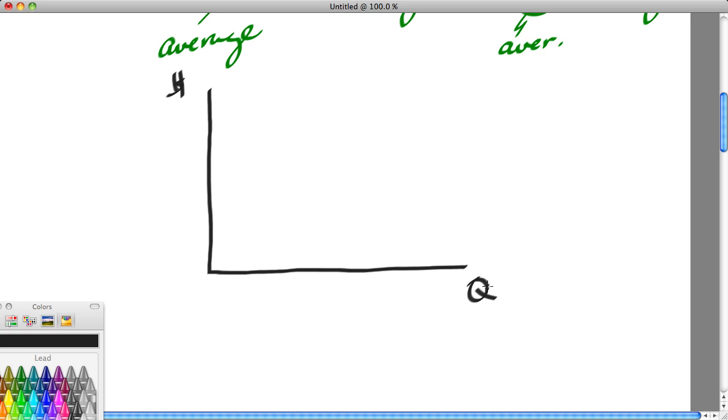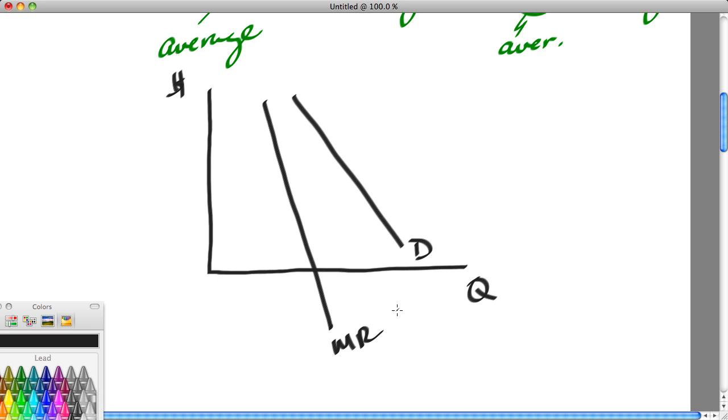I think I'll do better with a straight edge. So let me put a straight edge in here, and oh, that's not bad. And let's put a demand, call that a demand curve. And then I want to draw a steeper function to the left. So I'm going to start up here, and let's go right there. We'll call this my marginal revenue curve.